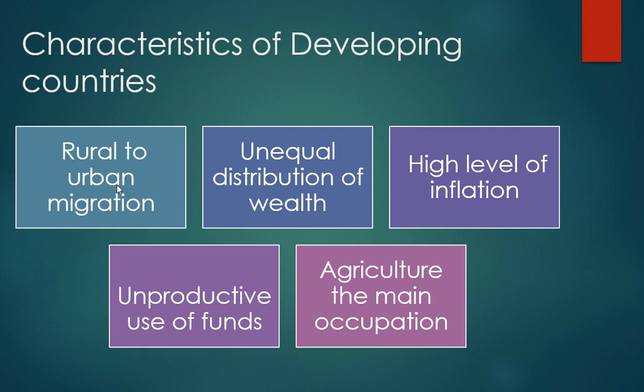So the next characteristic of the developing or the underdeveloped country is rural to urban migration. Rural to urban migration means that in developing countries, the people who are living in rural areas are unable to get the basic facilities for life like better health, better education, better transportation, or better electricity facilities.